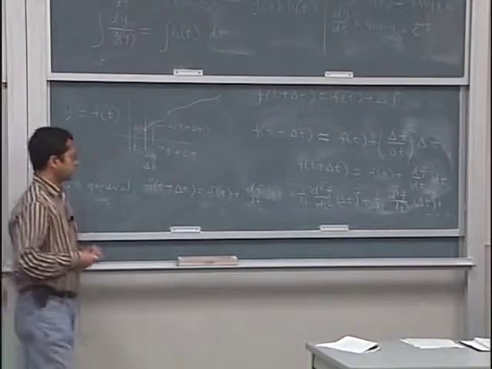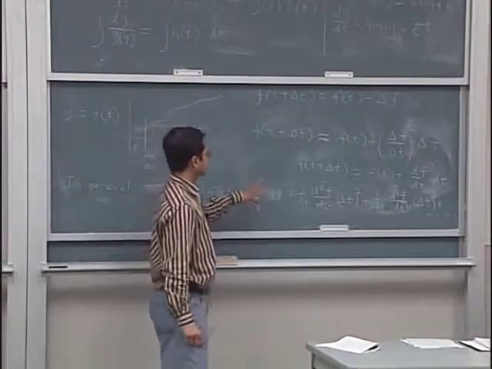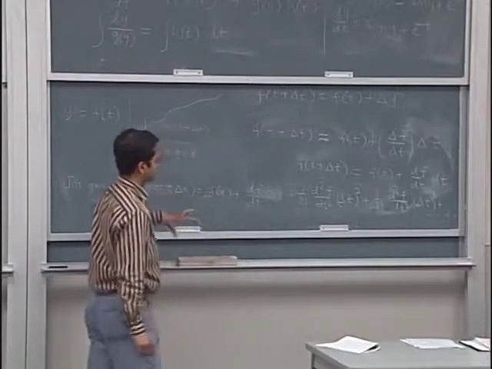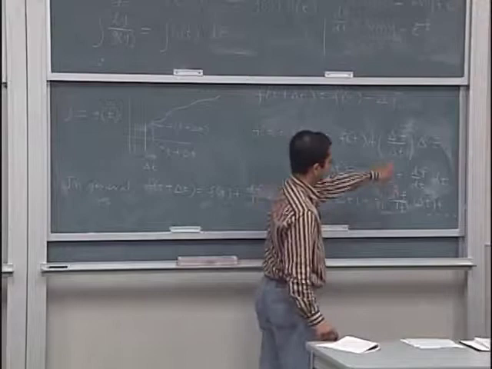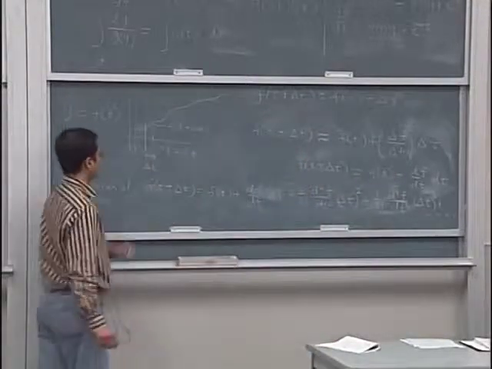Okay. So depending on how small delta t is, you can keep up to first order, second order, third order like this. Okay.